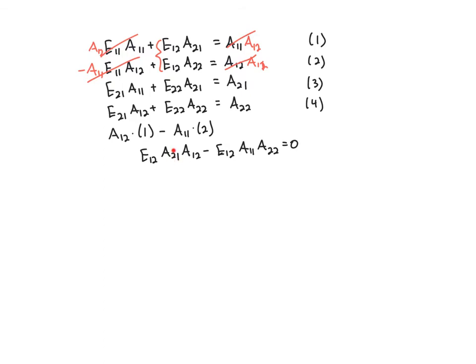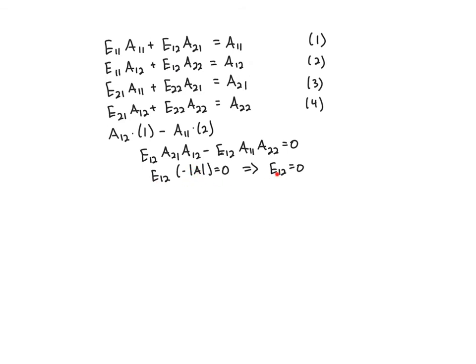Now remember, we're treating A21, A12, A11, A22 as known constants. And we see that we have a common factor of E12 here. Oh, and this looks like the determinant of A, or is related to the determinant of A anyhow. So if we pull out the common factor, we get E12 times negative determinant of A is equal to 0. But since A is an invertible matrix, its determinant is not 0.